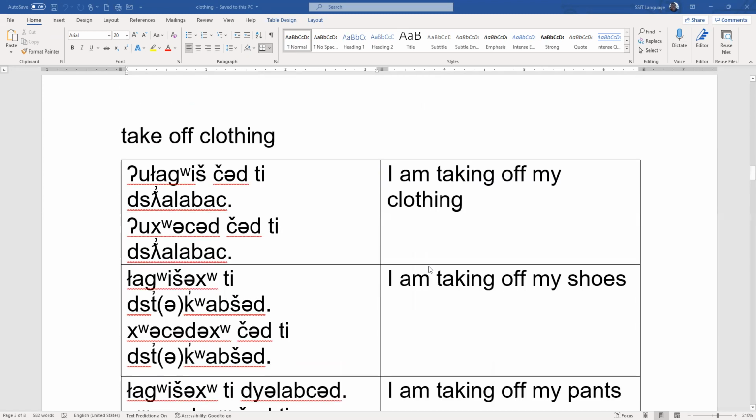So the word for regular clothing, just in general, all clothing, is skalabats. Skalabats. And this is the word for clothing.